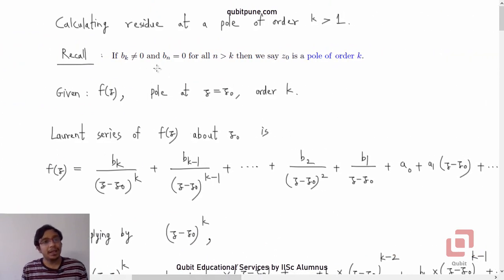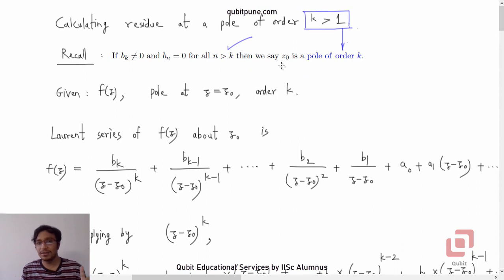Calculating the residue at a pole of order k greater than 1. For this we recall the definition of the pole of order k. We define a pole of order k to be that singularity z0 where, if the function is expanded about that point in a Laurent series, bk is not equal to 0 and all bn are 0 when n is greater than k.